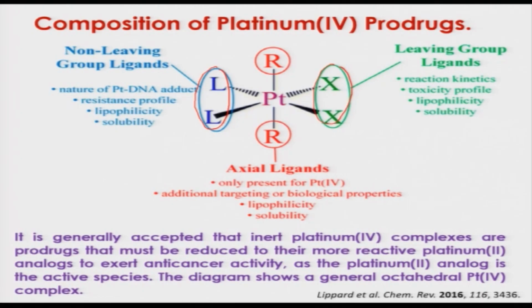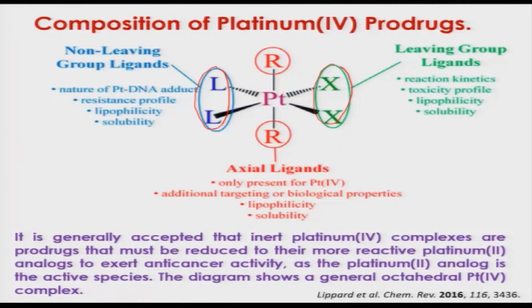Now, the anti-cancer potential of platinum 4 agents has been recognized from the time of the original discovery of the biological properties of cisplatin, but their clinical value has only more recently been realized. The physicochemical properties of platinum 4 agents differ significantly from those of their platinum 2 counterparts.